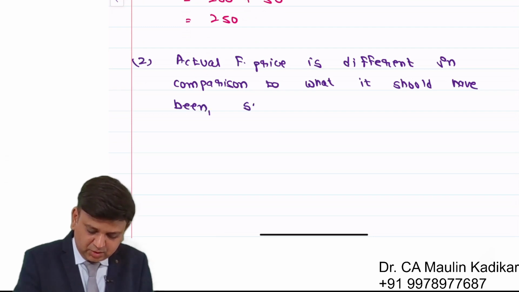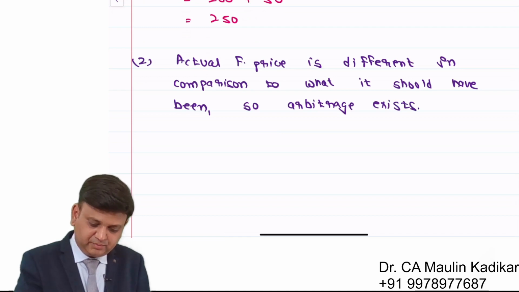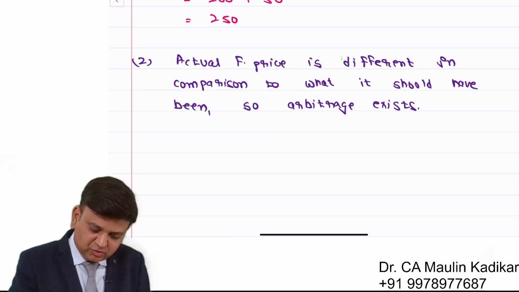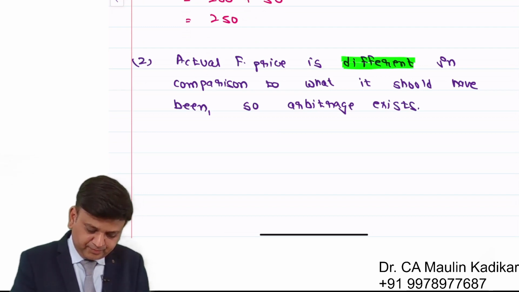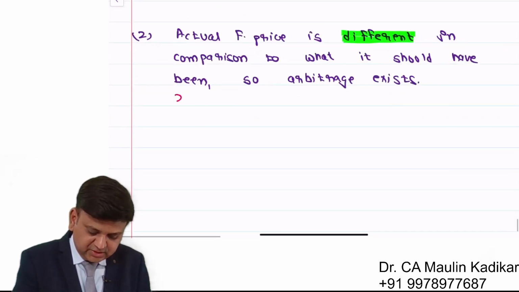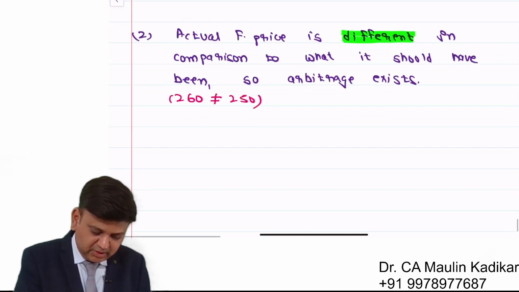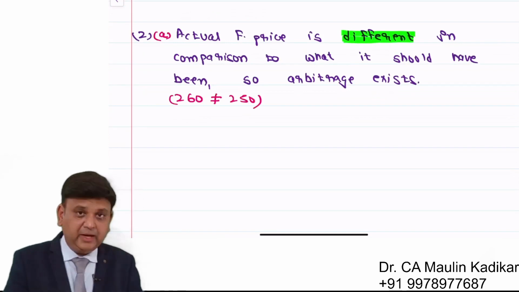Comma. So arbitrage exists. Full stop. I request you to highlight the portion different. And bracket write down 260 is not equal to 250. This is answer of question number 2A.